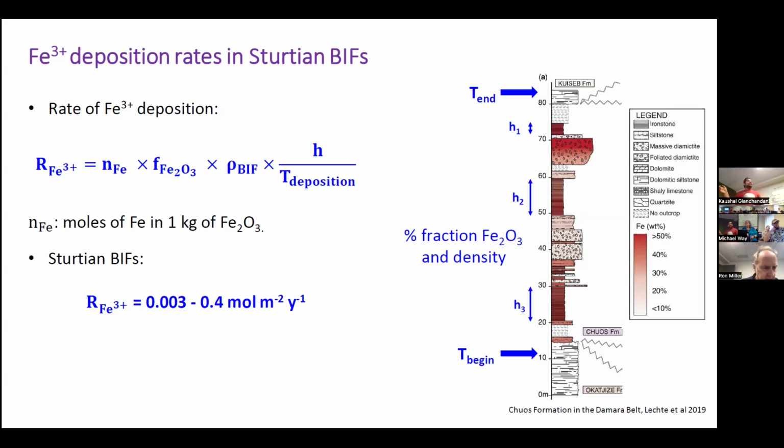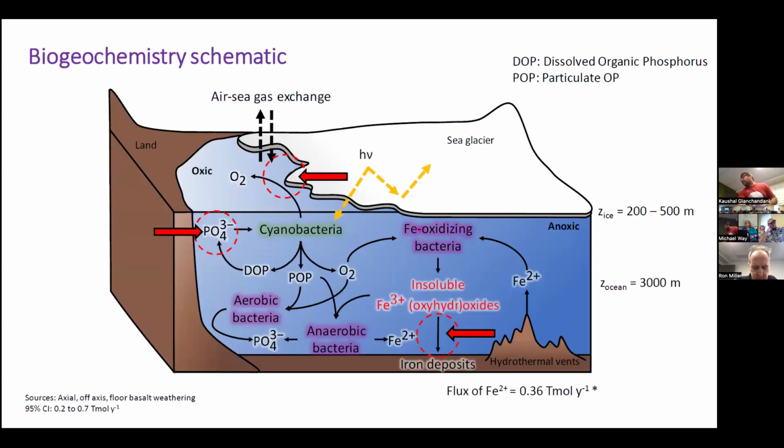The largest uncertainty comes from the deposition timescale, because it is not always easy to find a stratigraphic section in which the formations above and below the ironstone are constrained very accurately. Nevertheless, this is the best we can do, so we work with that.